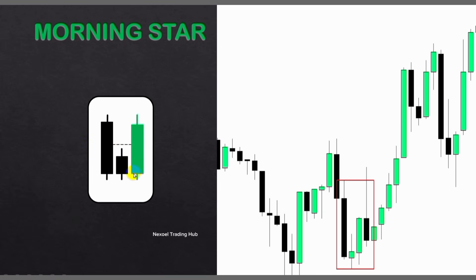And then next you have a bullish candle to the upside, which closed above the midpoint of the bearish candle, and also engulfs the candle that is within the bearish candle.